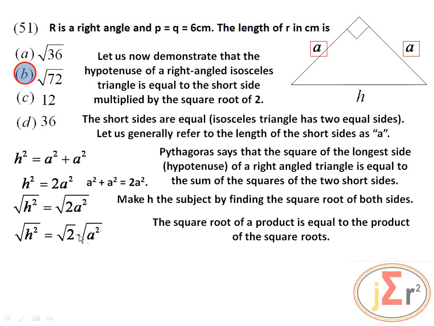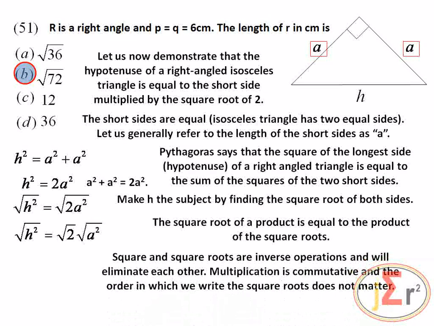And since it is multiplication, we do not need to put a sign between the 2 square roots. When there is no sign coming between, the arithmetic operation that we always assume is multiplication. Square and square roots are inverse operations and will eliminate each other. Multiplication is commutative, and the order in which we write the square roots does not matter.